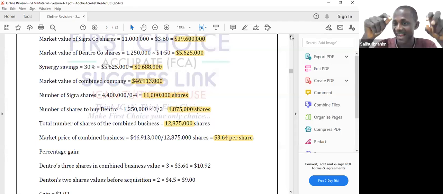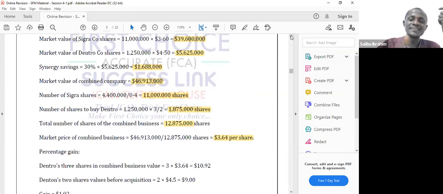But if you are using cash flow or dividend valuation method, then the question might give you the dividend post-acquisition, so you have to go and do valuation after acquisition as well.